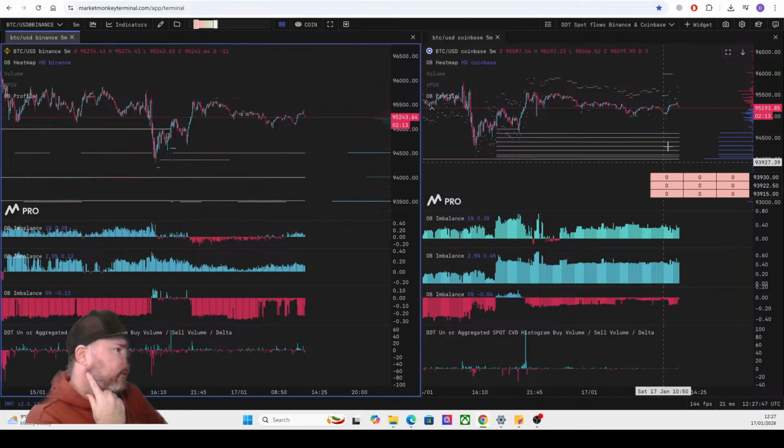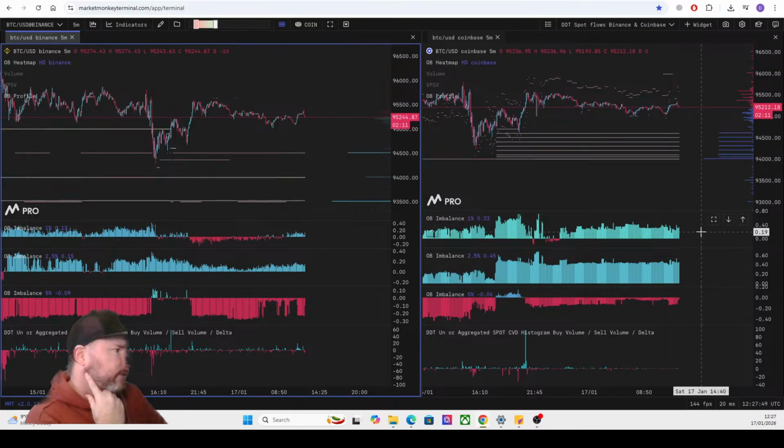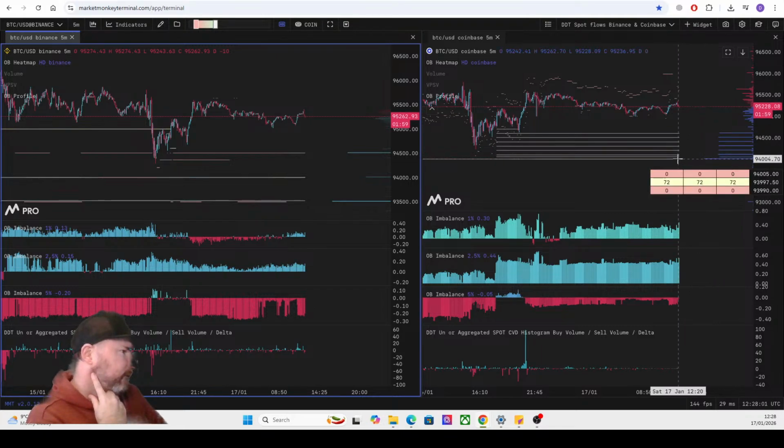But I would think these are going to spoof. I don't think these are going to hold up price. They're going to spoof it all the way into 94k and bounce it on 94k, because you can see the volume node on the side here. It's got the highest volume. These are just all like 50s.